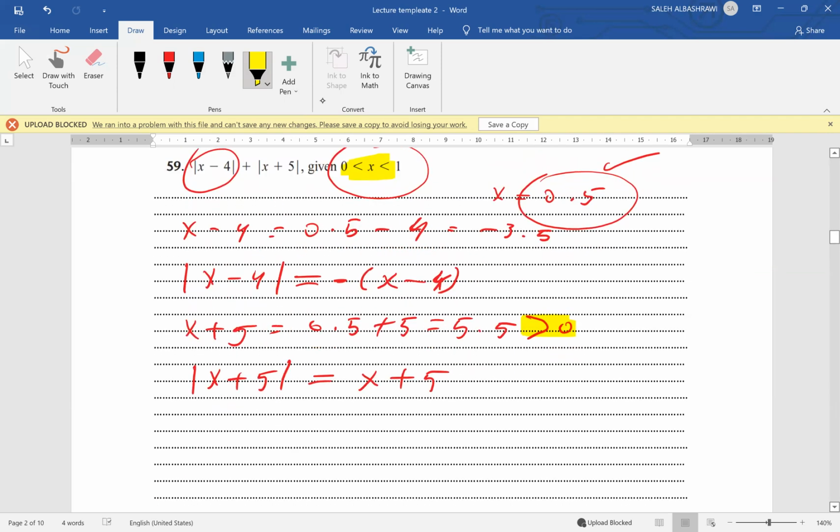So again, I will write it as the absolute value of x minus 4 plus the absolute value of x plus 5. The first one is negative x minus 4, plus the second one, x plus 5, without changing anything.